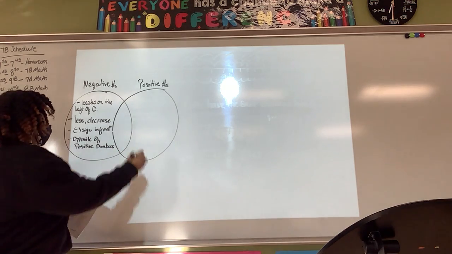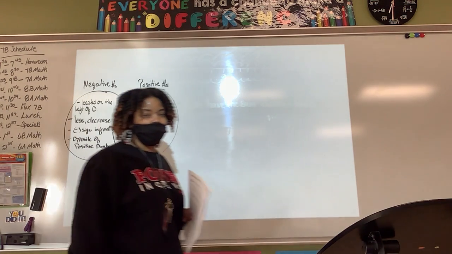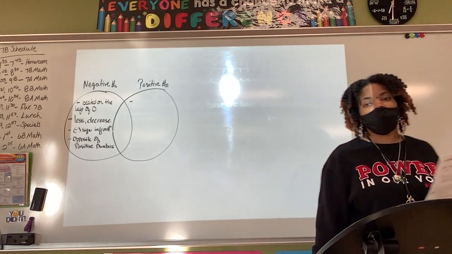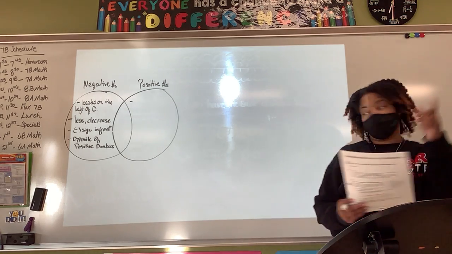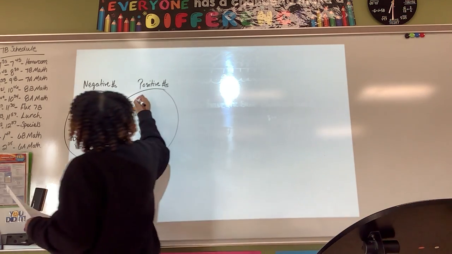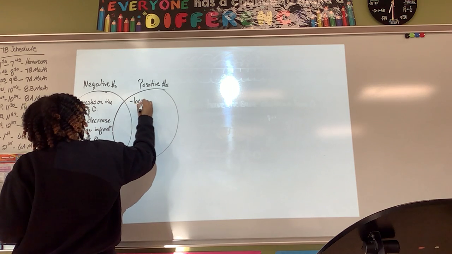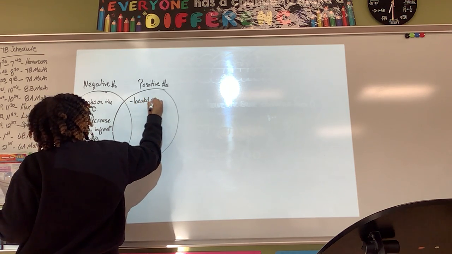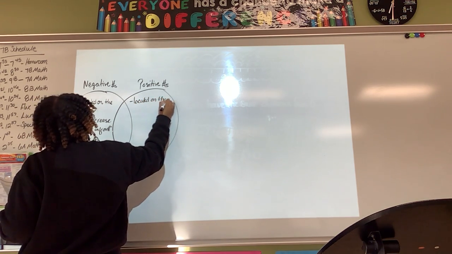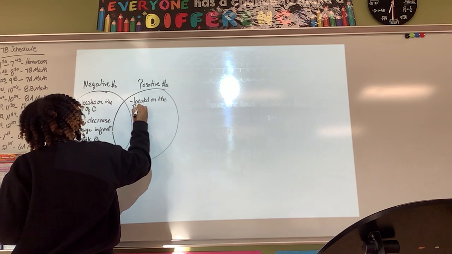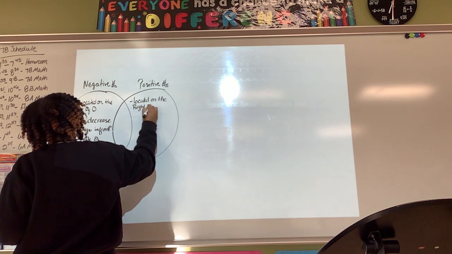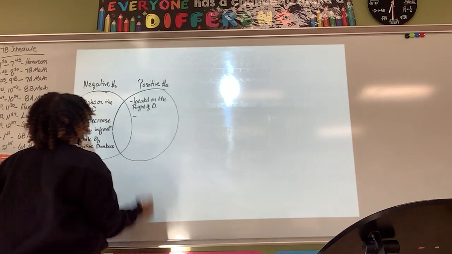All right, what about the positive numbers? What do we know about them? They're located on the right. Located on the right of 0.